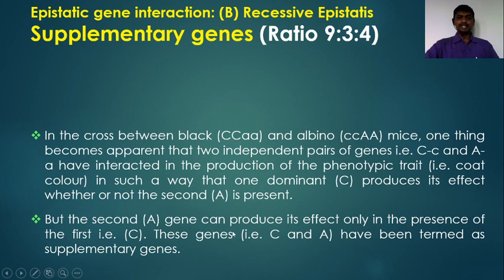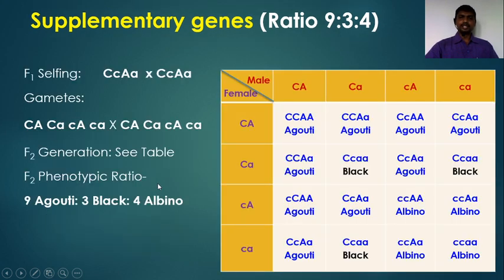But the second gene A can produce its effects only in the presence of the first gene, that is C. So these genes C and A have been termed supplementary genes. In the checkerboard we found that this C can express itself whether the other gene is present or not, meaning whether it is dominant or recessive. Here it is dominant, it produces the agouti. When it is recessive, it produces the black. So for the color production, whether agouti or black, the dominant C should be present.